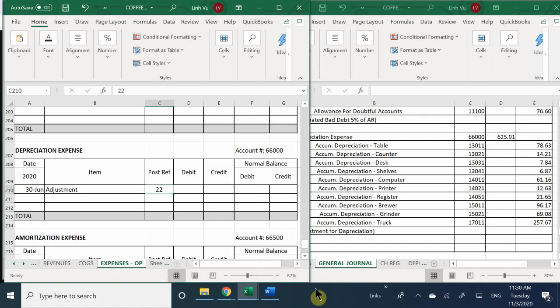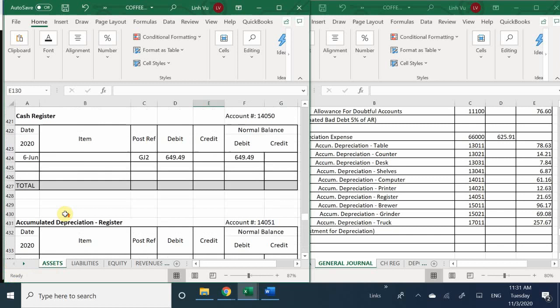Okay, general journal 22. All right, and what's my debit going to be? 625.91. All right, and that's obviously going to be the beginning of my debit account here. Good. Now we've got to go through every single accumulated depreciation for every single asset in our list.